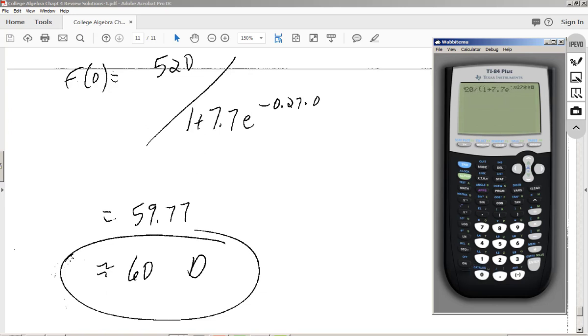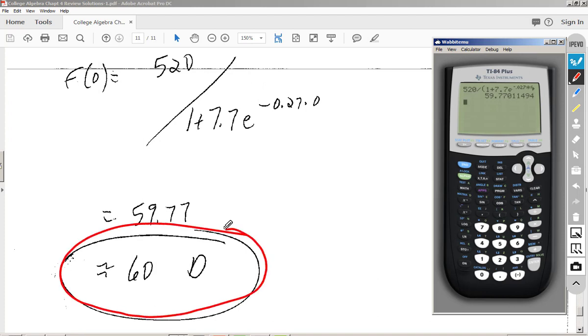I actually didn't need to type that in because anything times 0 is 0, so I could have just put in the 0 up there. In parentheses, hit enter, and it comes out to be 59.77. Go ahead and round that off to 60, and that matches my equation D.